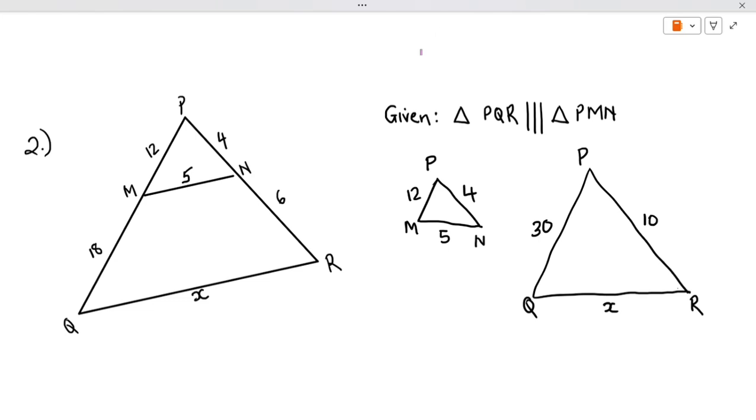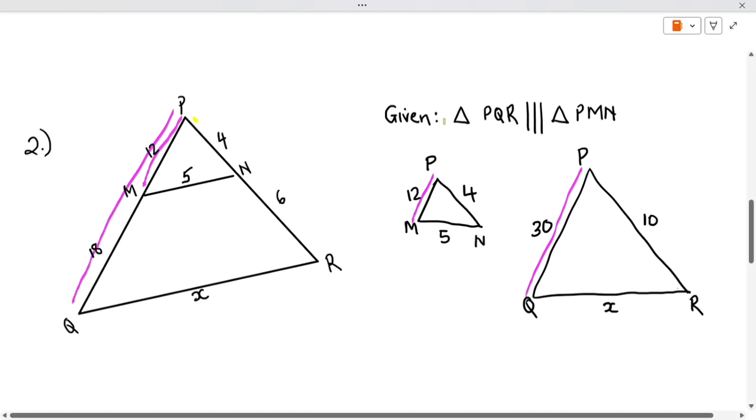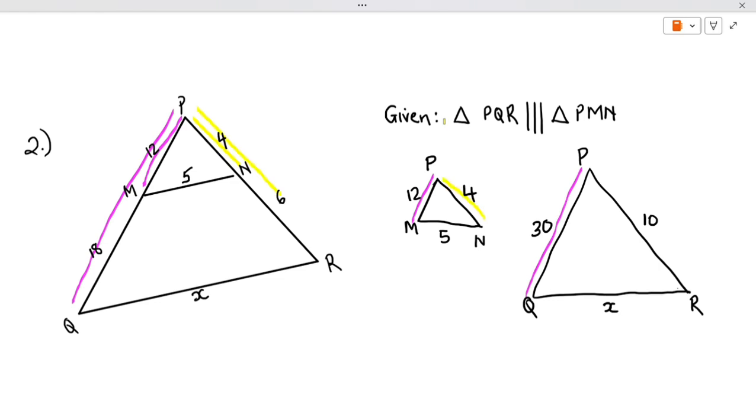So what you need to remember is that this side is going to be in proportion with that long side, which is the longer side there. And if we color code again, we can see that this side is in proportion with PR.